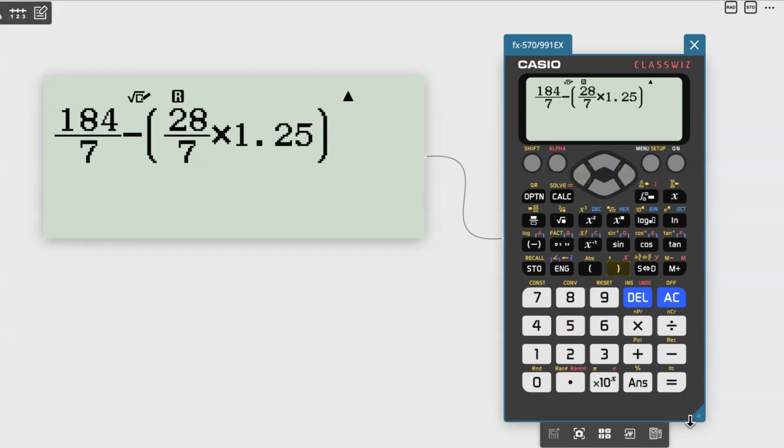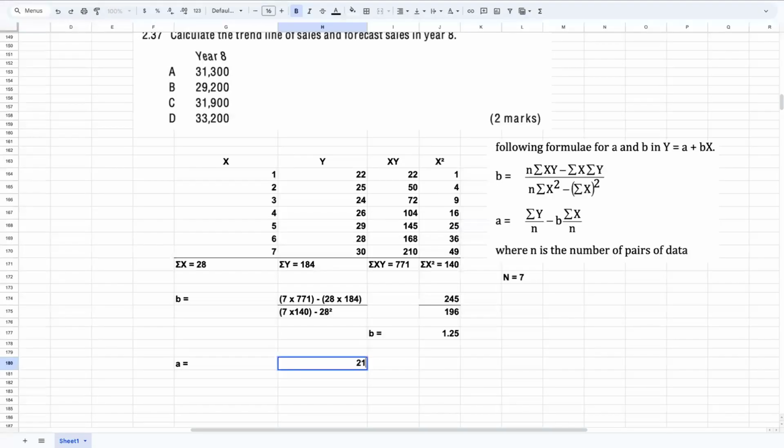Close the bracket, press equal, make it a decimal, 21.28, right? So 21.28 we can make for two decimals. Here is the 5, so we can round it up to 9, isn't it? So 21.3, let's say 21.3 for one decimal.